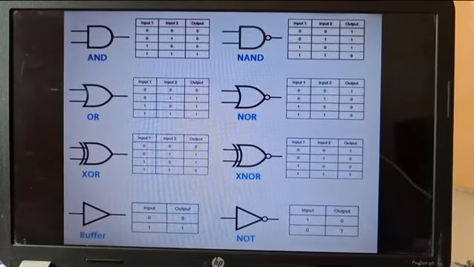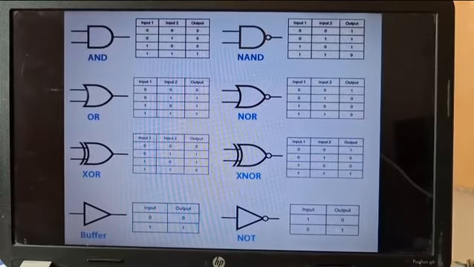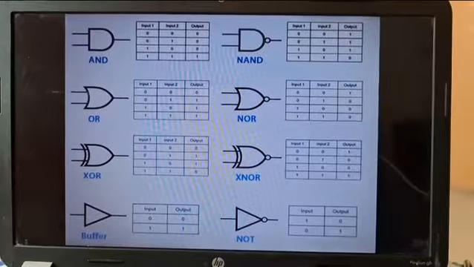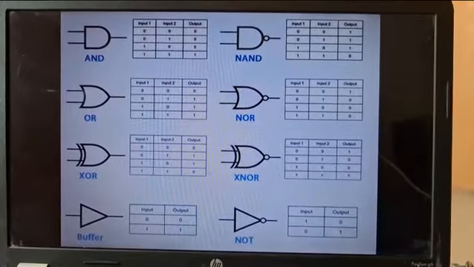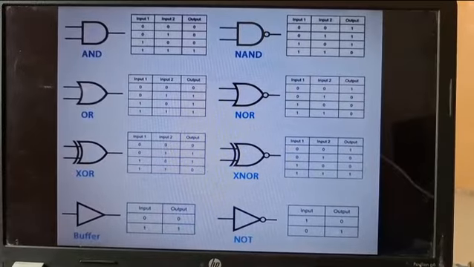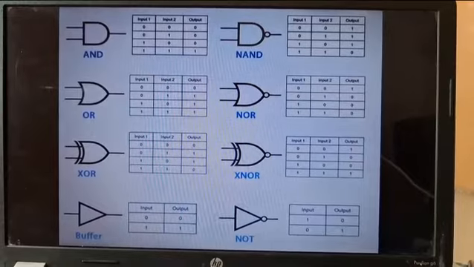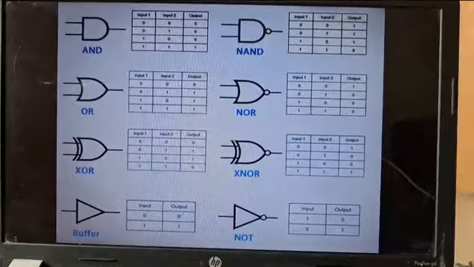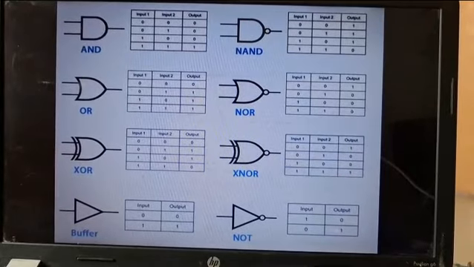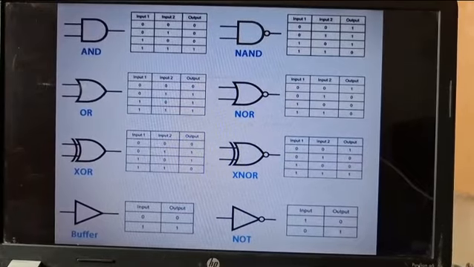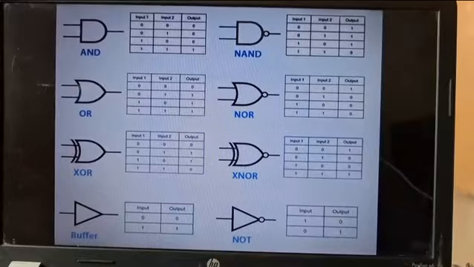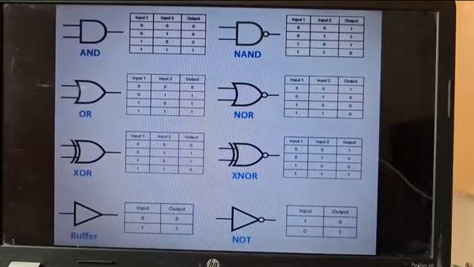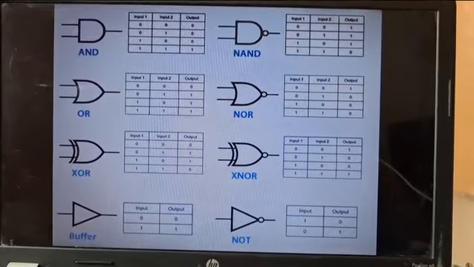That means when input is 1, then output is 0, and when input is 0, then output is 1. NAND gate and NOR gate are the universal logic gates. The NAND gate is the complement of the AND gate, and the NOR gate is the complement of the OR gate. So the NAND gate shows the complementary output of the AND gate, and the NOR gate shows the complement of the output of the OR gate.